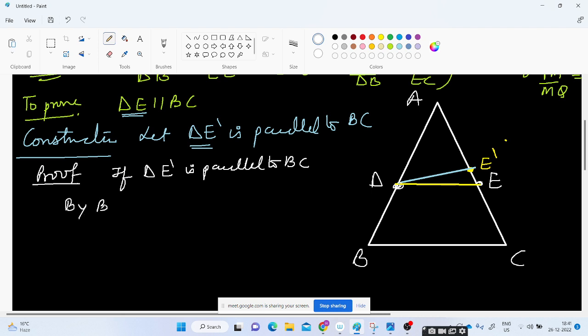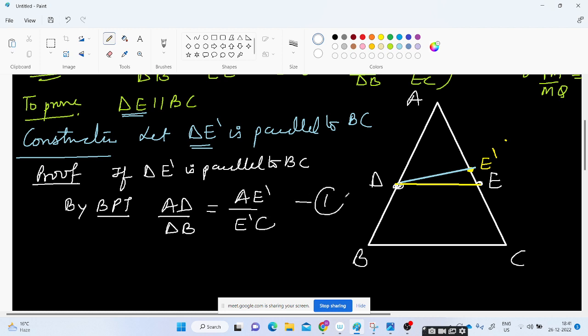So by BPT, which two sides are in the same ratio, AD upon DB is equals to AE dash upon E dash C. Okay, because what BPT is saying, if one line is parallel to a side, then the other two sides are in the same ratio. So AD upon DB is equal to AE dash upon E dash C, not B, it is C. This is our equation number 1.